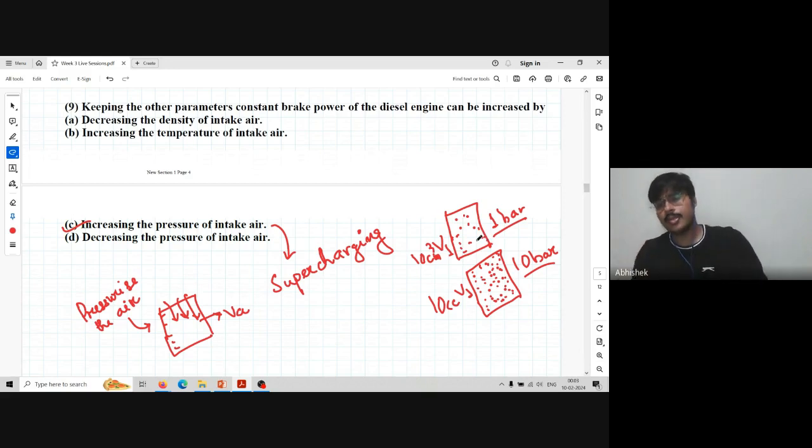When you pressurize, yeah, the mass quantity of gas will increase because the molecules of the gas will come closer and you can occupy more gas. So that is why volumetric efficiency increases. So the answer is increasing the pressure of intake air.